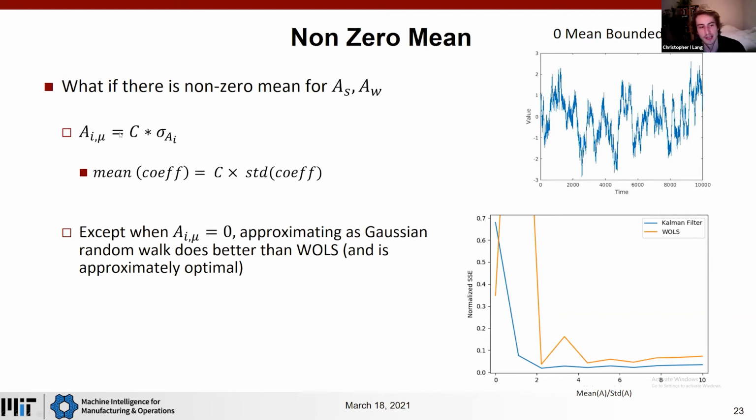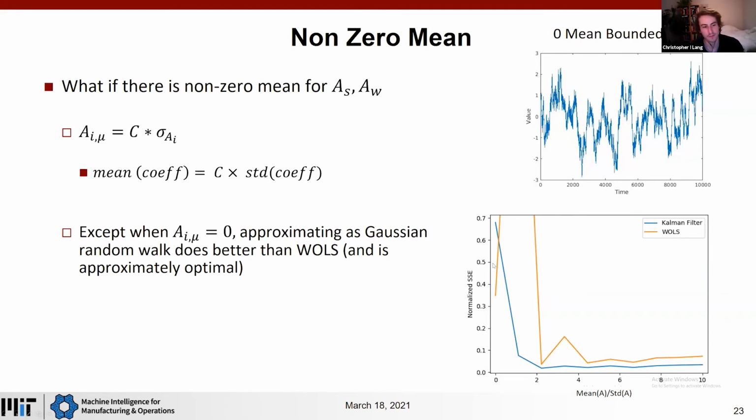Here what I did was I said, let's initialize the system again, but instead of the coefficients in AS, AC, and AW being a zero mean bounded random walk, let's shift these values up and have them have a mean around 3, for example, or some coefficient times the standard deviation. Then we would assume that the underlying system follows the approximation that we were making for it, and the Kalman filter should be optimal.